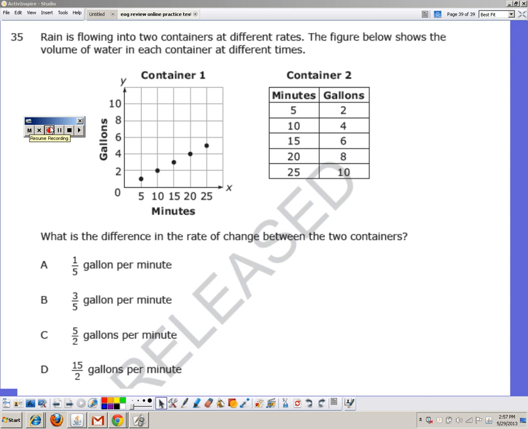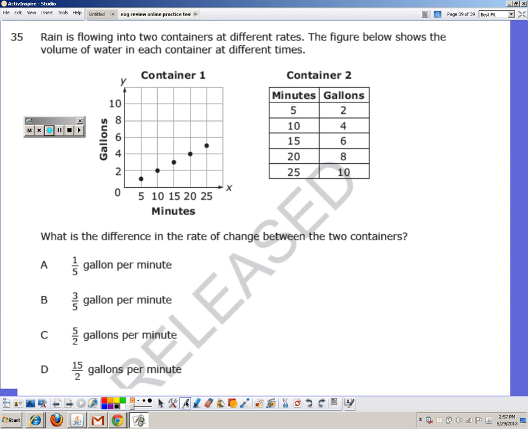In this problem, we have 2 different containers, and we need to compare their rate of change. Both of them are constant. So once again, to figure out the gallons per minute, all you've got to do is look at how many gallons versus minutes.